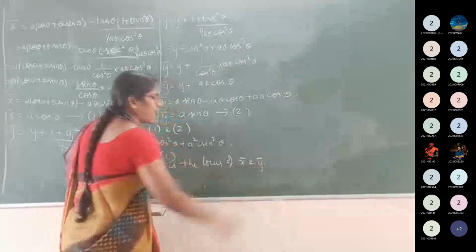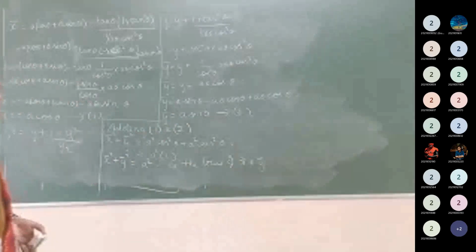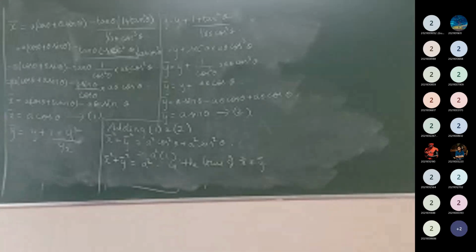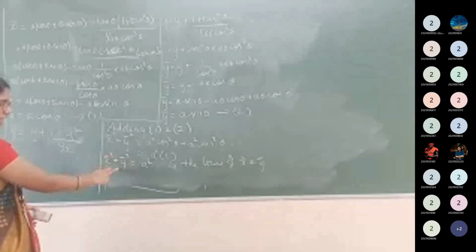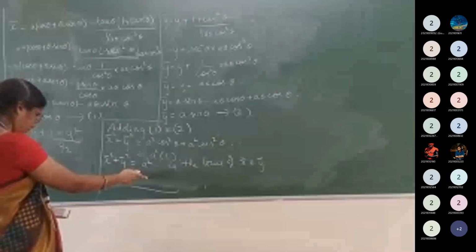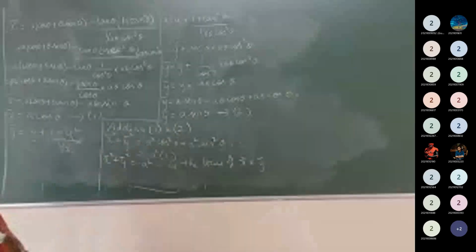But you need to give the answer as the evolute. The locus of x bar and y bar: x bar squared plus y bar squared is equal to a squared.